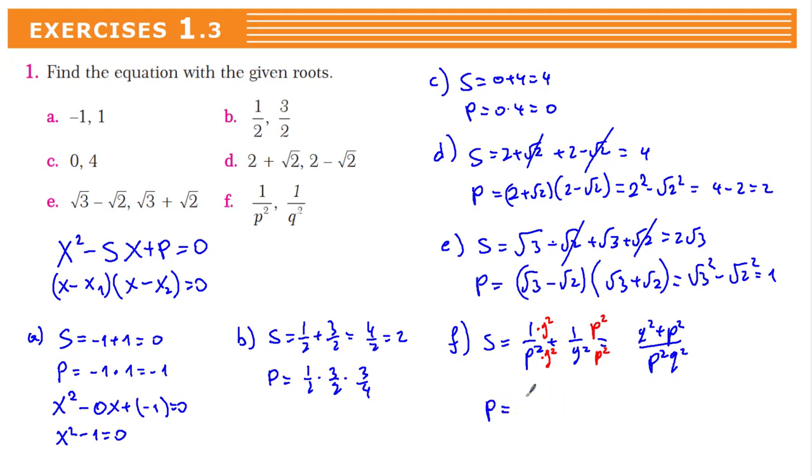As for the product, it's easier because we just multiply numerator by numerator, denominator by denominator. To get these sums and products, substitute into the given formula here, and that would be it.